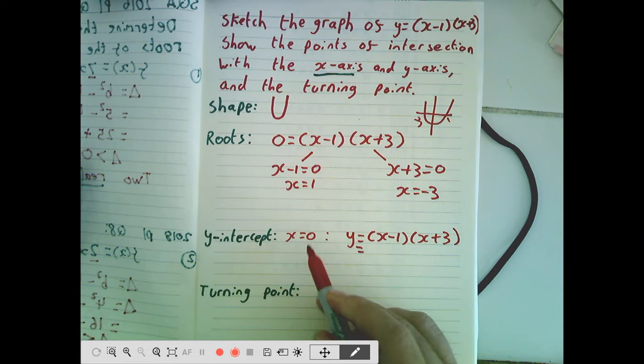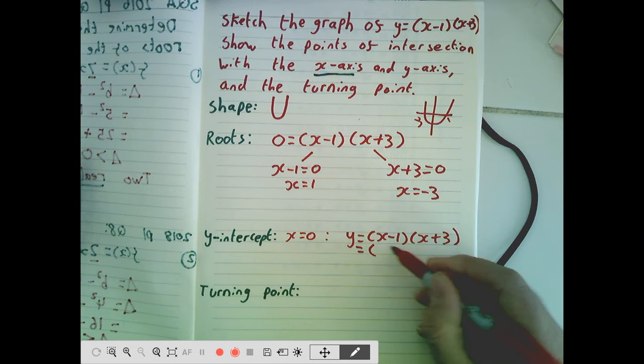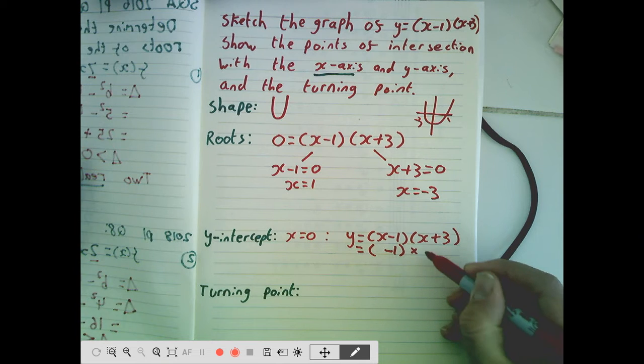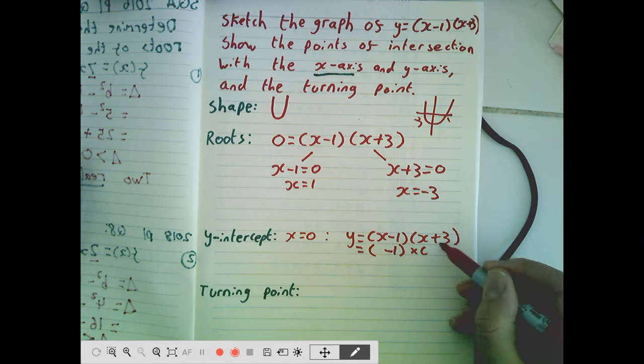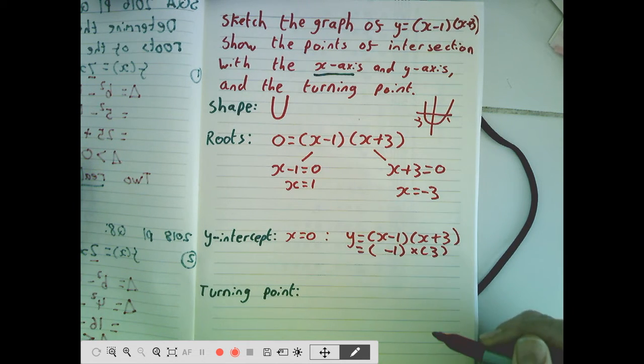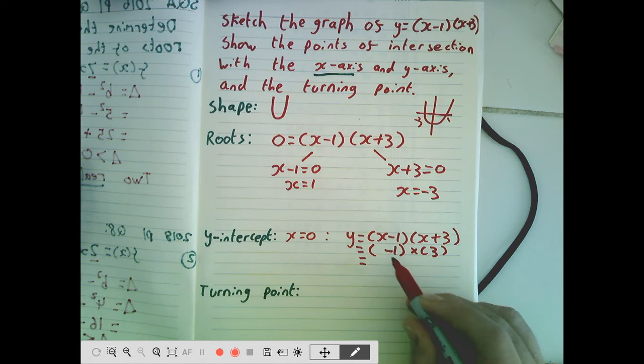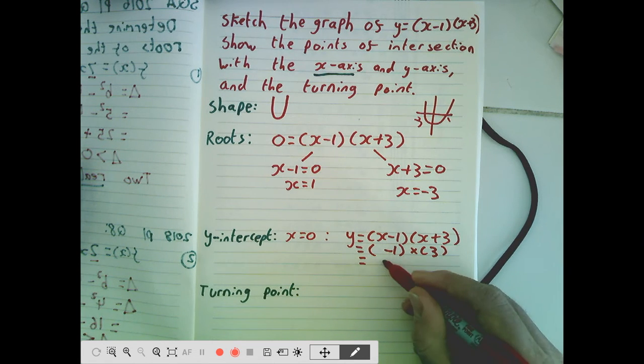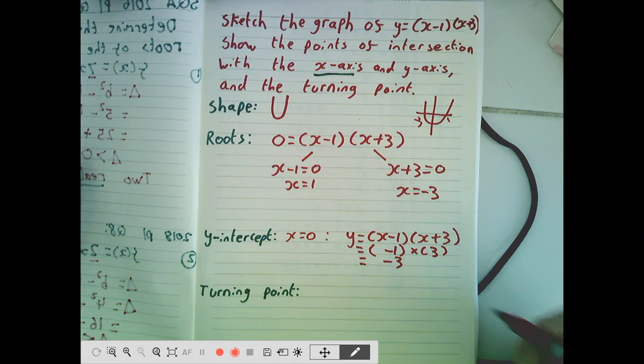Let's substitute x is 0. Well, this bracket just becomes 0 take 1 times 0 add 3. So what's minus 1 times 3? It's negative 3. So the y-intercept then is going to be negative 3.